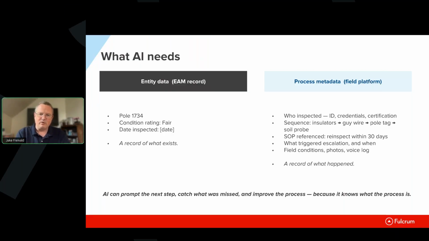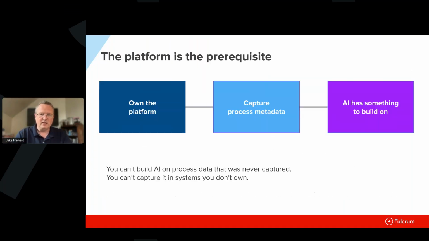Having the platform where all of that information can live, even though it's using information about what exists from the EAM and from the GAS and from the SMS, and is able to push that information back, having the one place where the field view of everything happening is instantiated is extremely helpful for an AI to be able to make a difference, to have an impact on those processes.